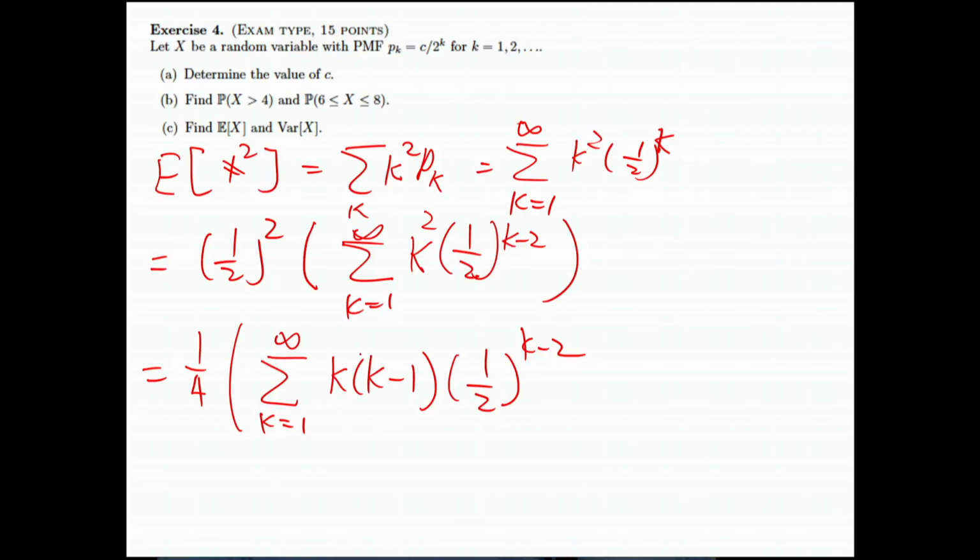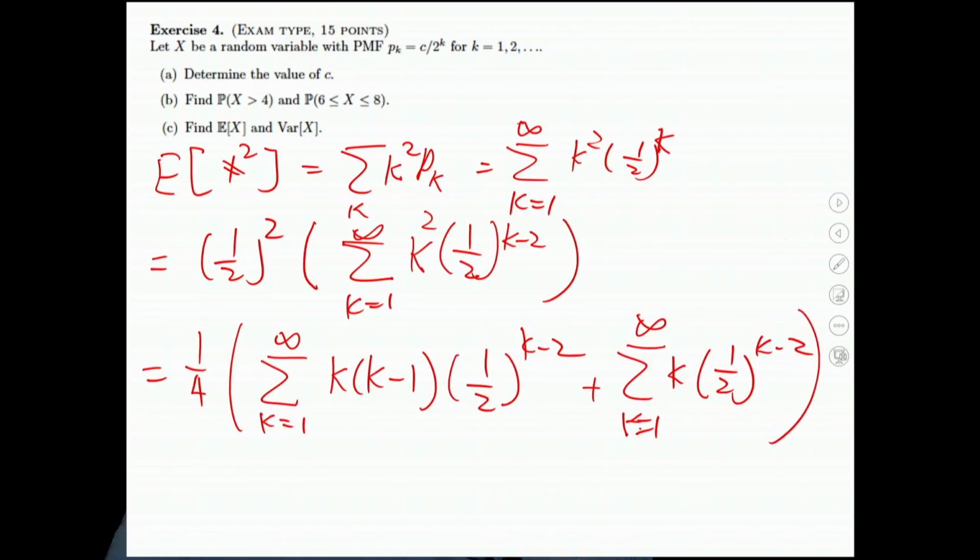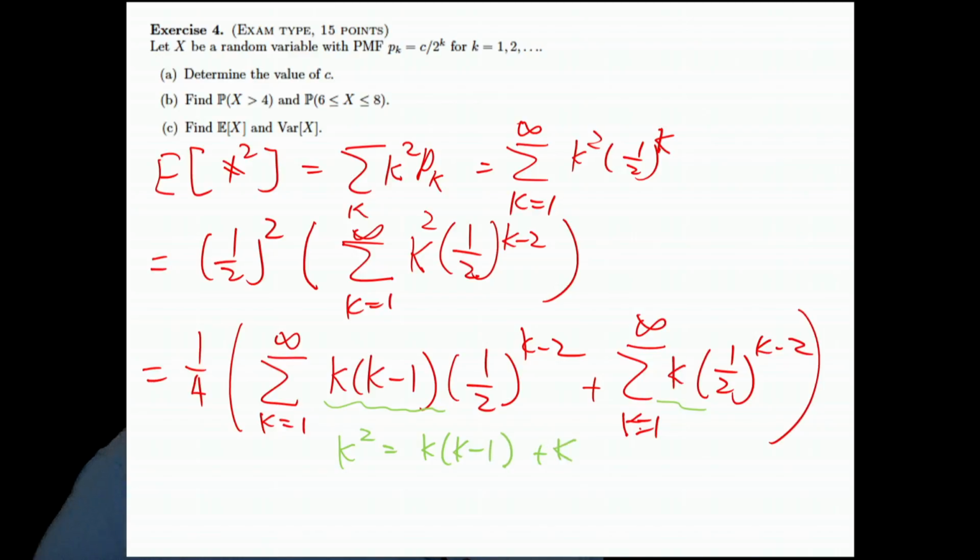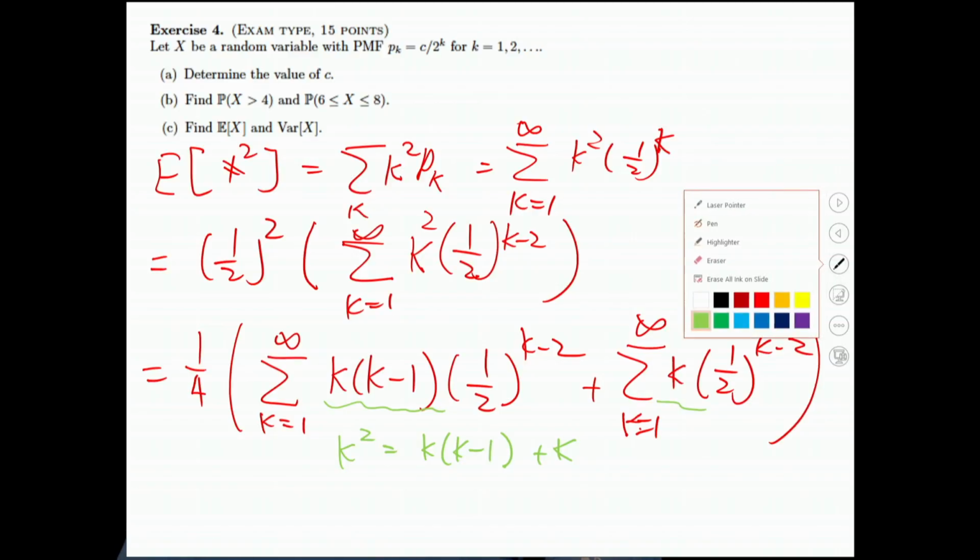Here is k squared minus k, so I have to add the k back, k from 1 to infinity. This one, k squared equals k times (k minus 1) plus k. We use this trick for some reason, and we will see that in the next line.